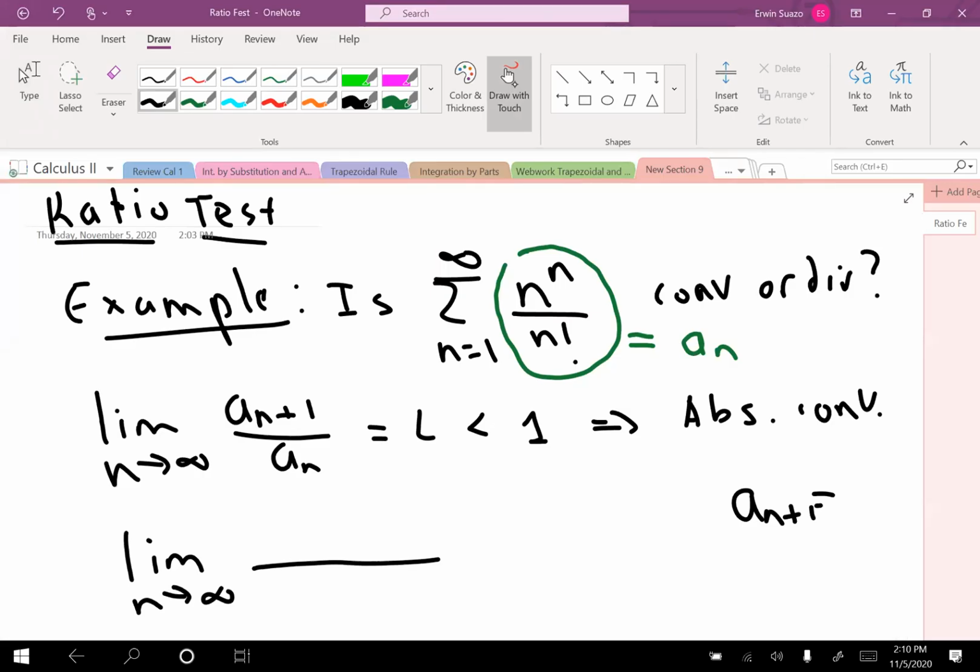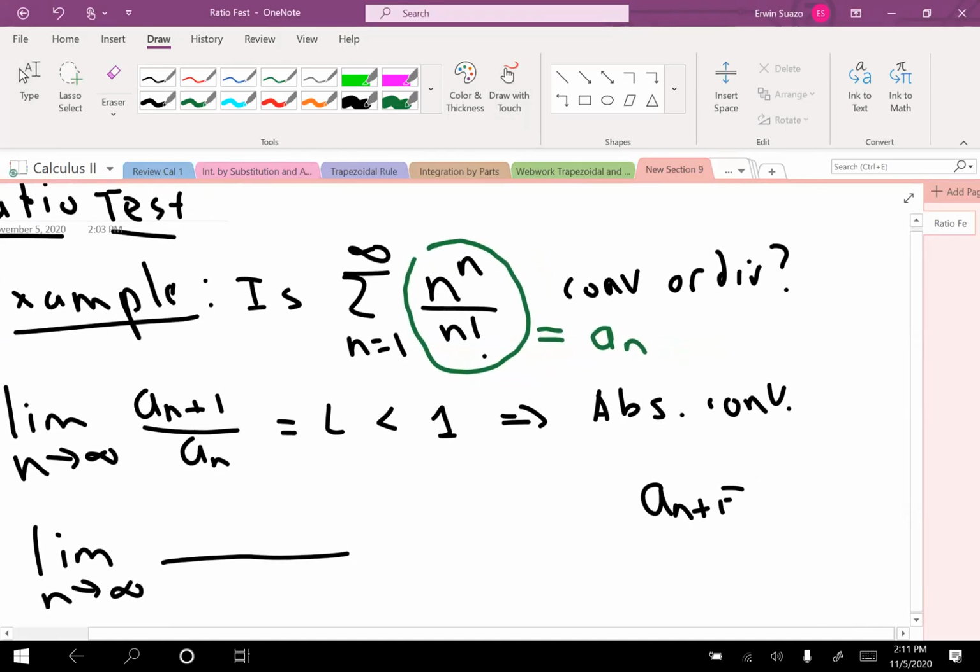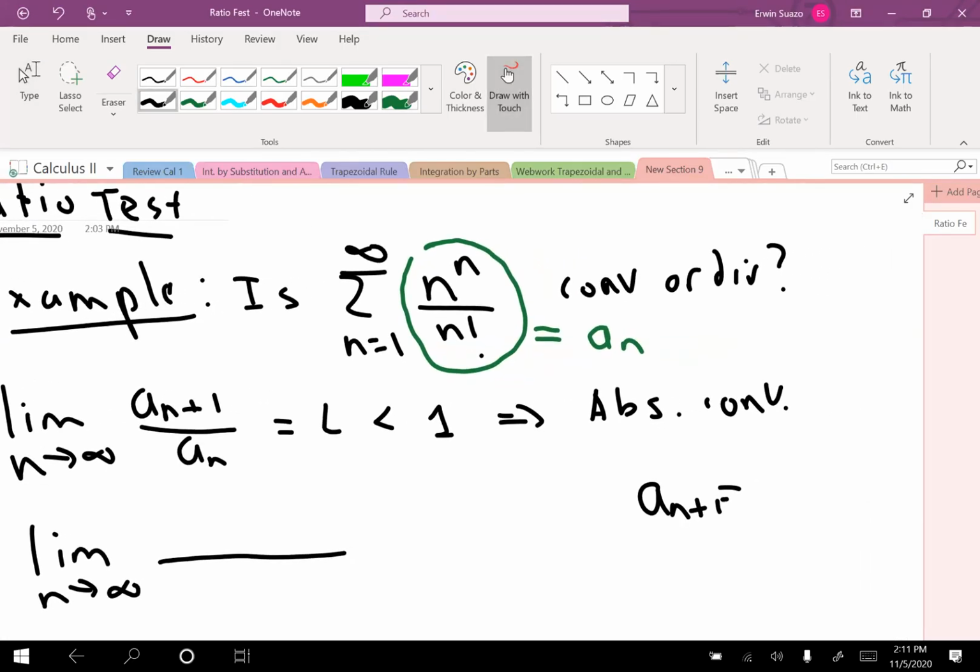So what is a_(n+1)? Please somebody tell me. It's n plus 1 to the power of n plus 1, over n plus 1 factorial.